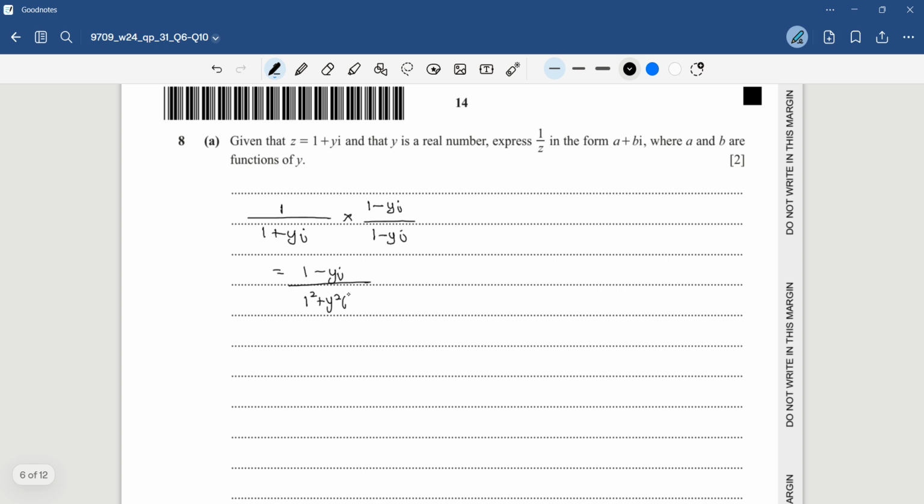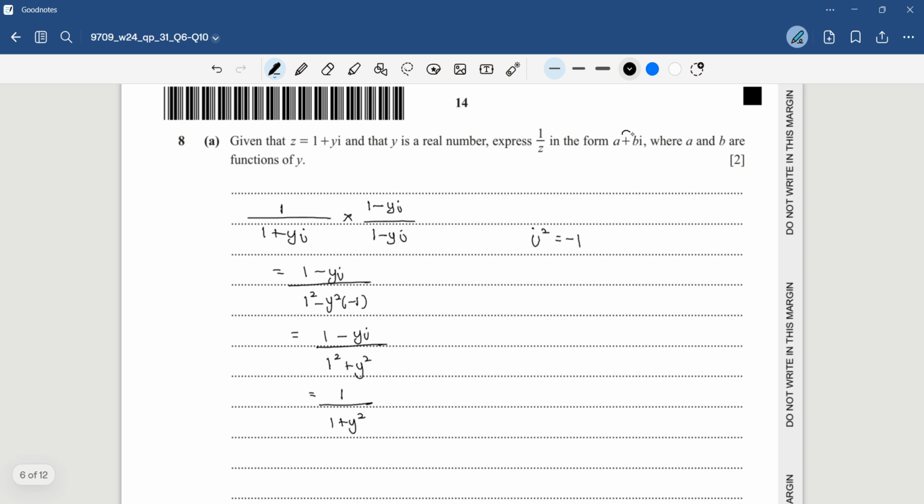So i squared will be negative 1. You must know that i to the power of 2 is equal to negative 1. So it's going to be 1 minus yi over 1 squared, plus y squared, which is going to be 1 over 1 plus y squared.